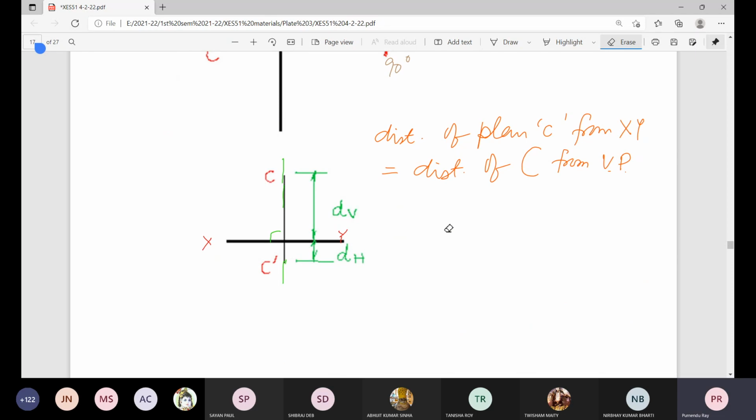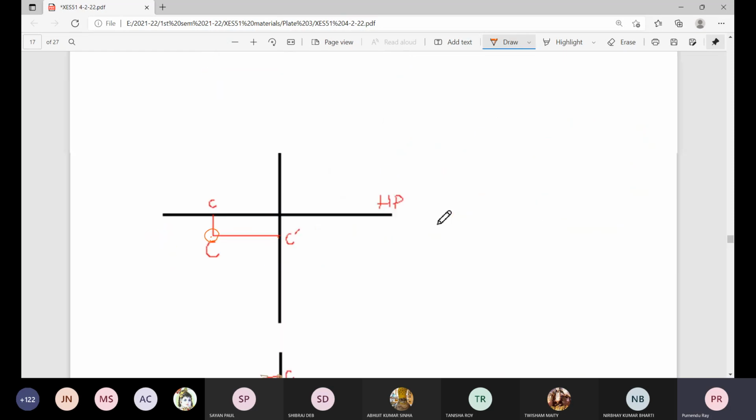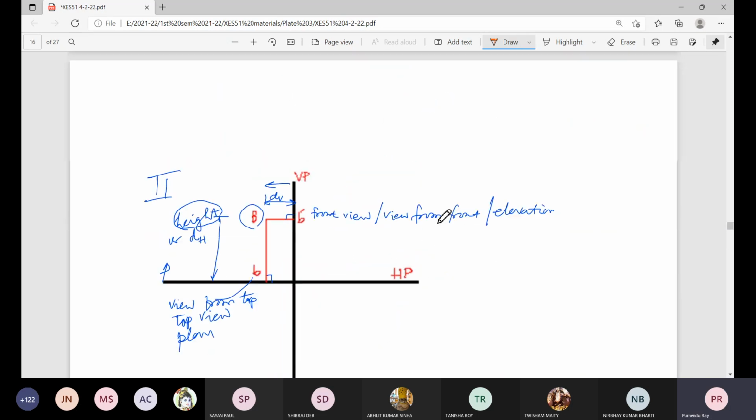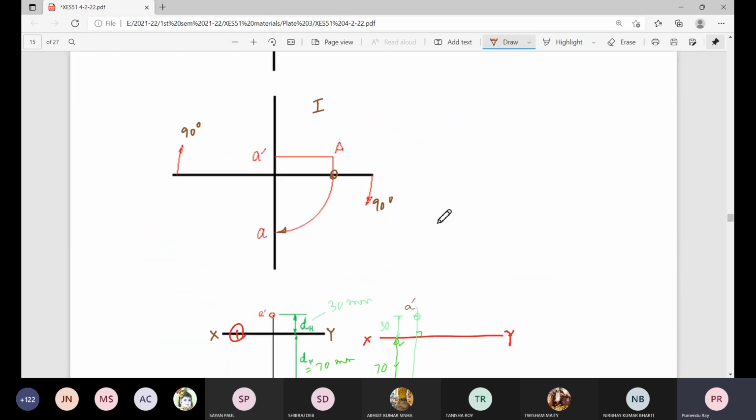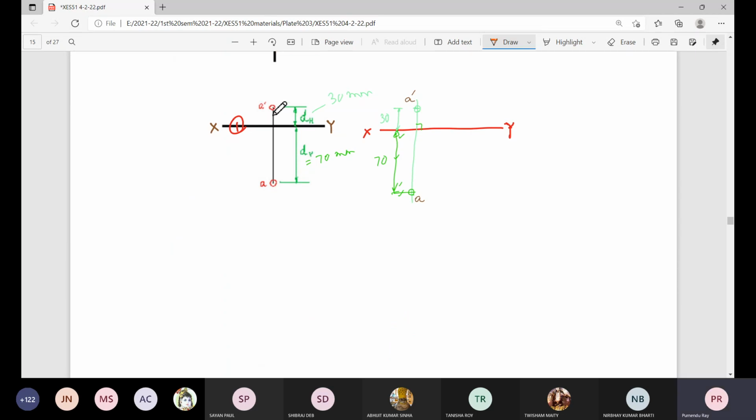So here the plane is above GL, elevation below GL, but those are at two different sides. For first angle also, the point A and A dash are on two different sides. A dash, the elevation, is above ground line and A, the plane, is below ground line, on two different sides.